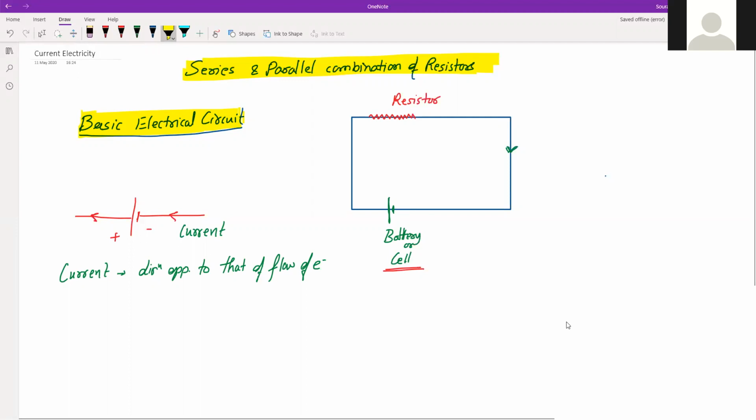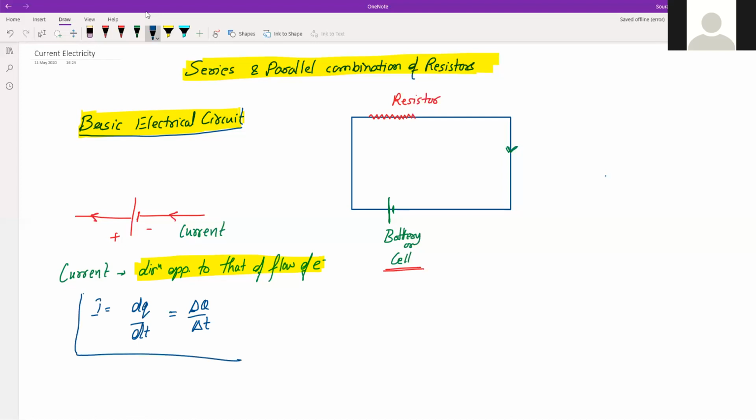So the electrons flow, and the direction opposite to the direction of electron flow, that is nothing but the current. And this is also numerically equal to I = dq/dt, or delta q by delta t. Current is represented by I, and its unit is amperes. So that is about current.